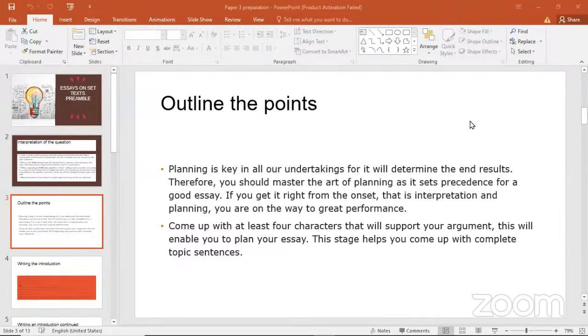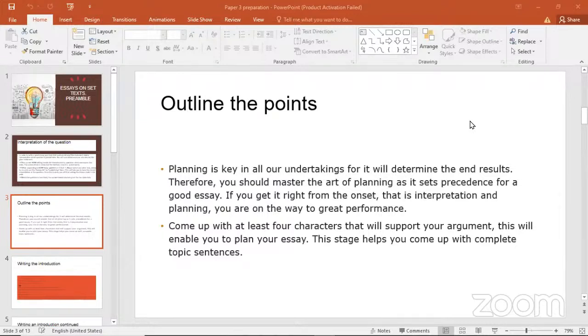Because from there, when you move into the next step, it flows into each other. You're not going to get halfway through writing your essay and remember, oh, there's an important point I forgot. I think I need to put it in here. You can do that now because all your points are listed. You have made them somewhere and you have a good plan.